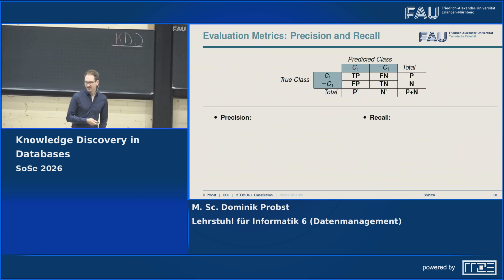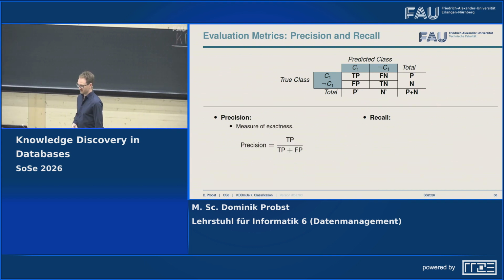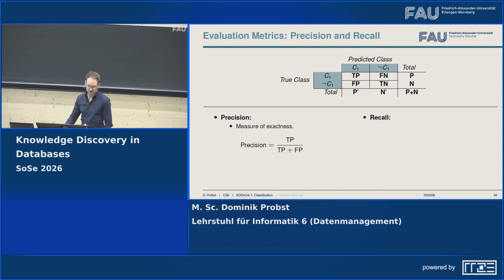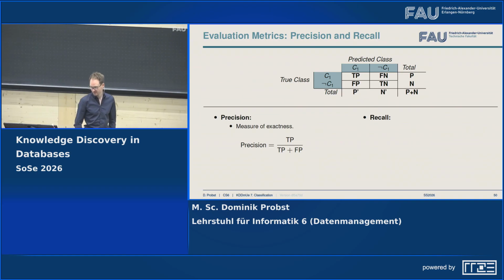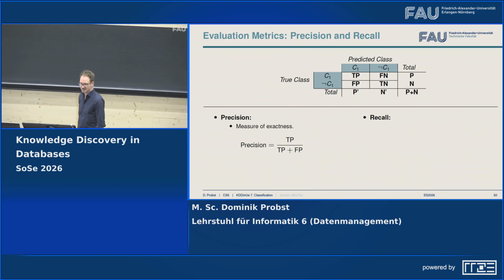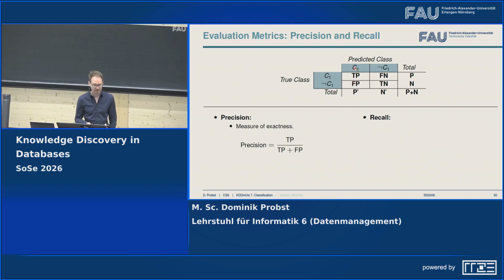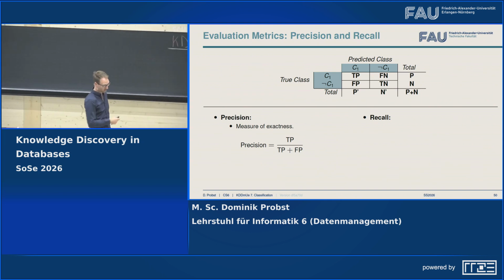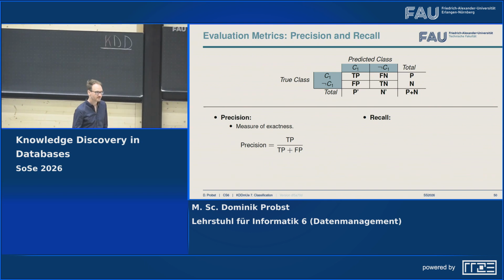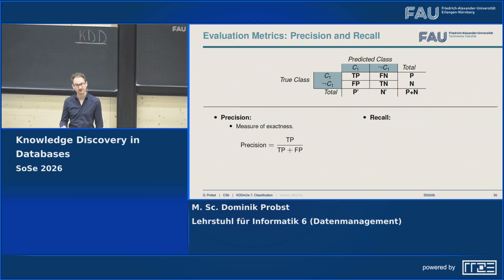There are also some more complicated measures. The precision is the so-called measure of exactness. It's comparing how many true positives you have out of all your positives you have predicted. So if you're predicting 100 positives, how many of these have been correct? That's the precision.